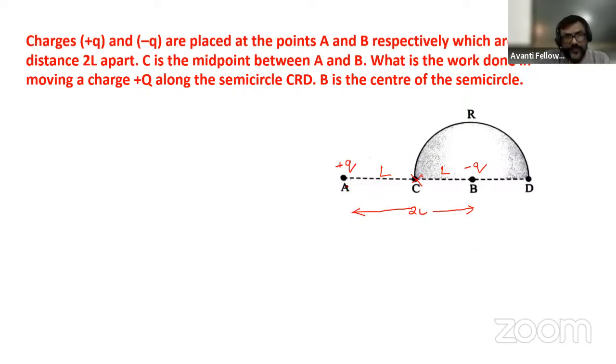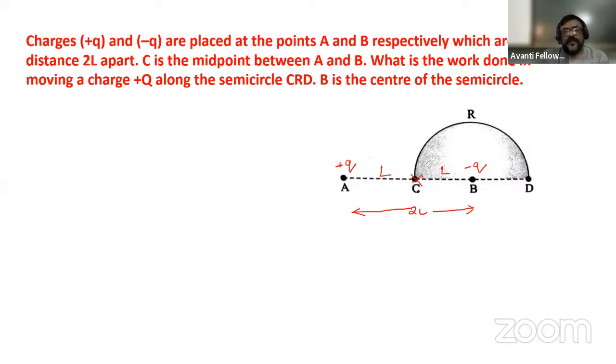Positive Q charge is located at A, negative Q charge is located at B, and C is the midpoint of AB. Since C is the midpoint, AC is equal to L and CB is also equal to L.